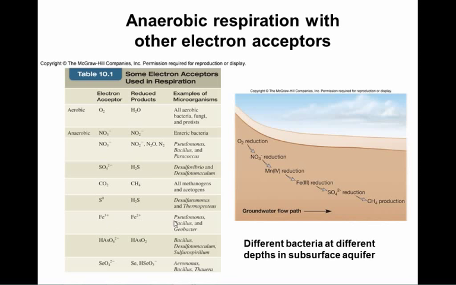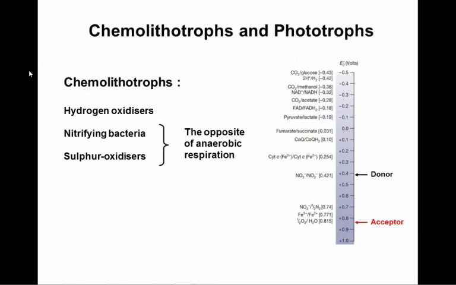I think that Pseudomonas again can use iron. Sometimes you can have weird ones, arsenates or selenates can be used as electron acceptors, okay, because they've got a lot of oxygen on them. Okay, so try and bear that in mind with anaerobic respiration.